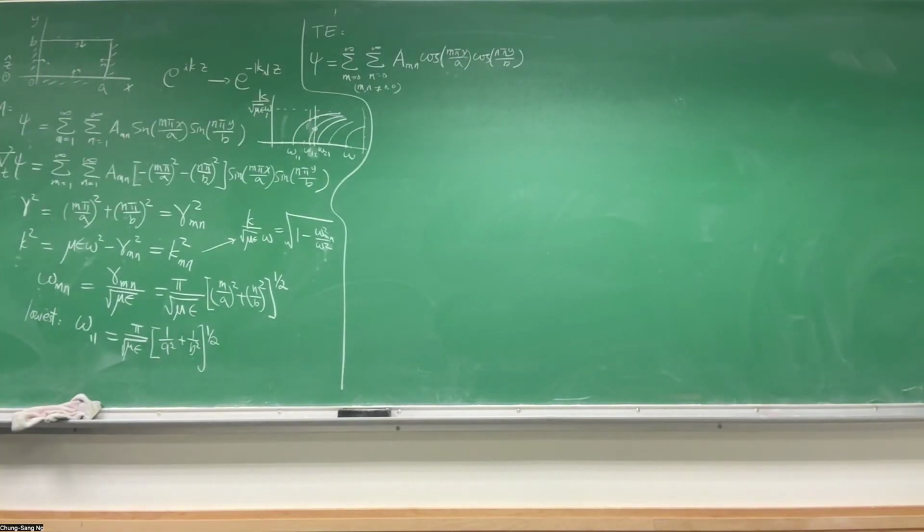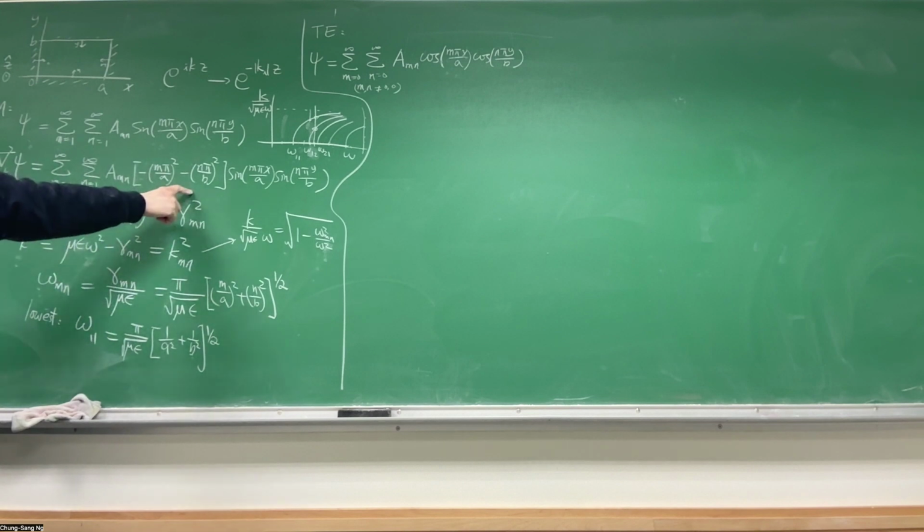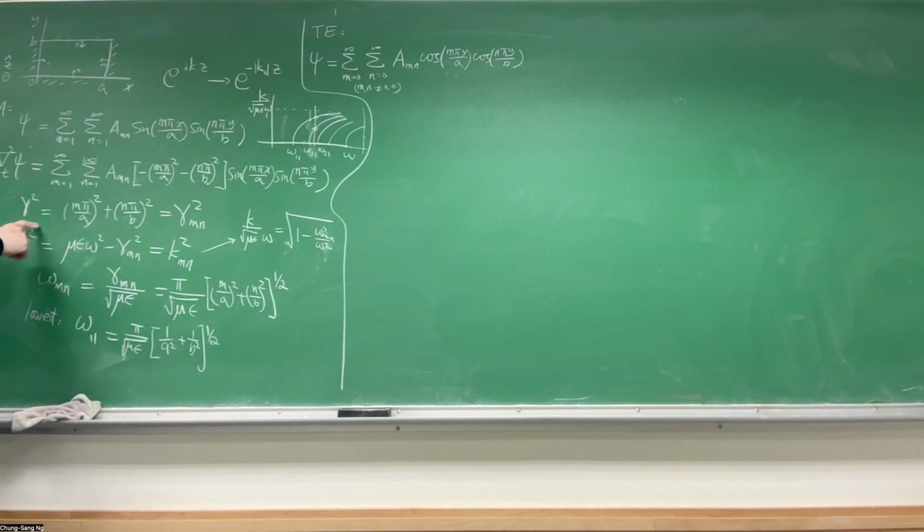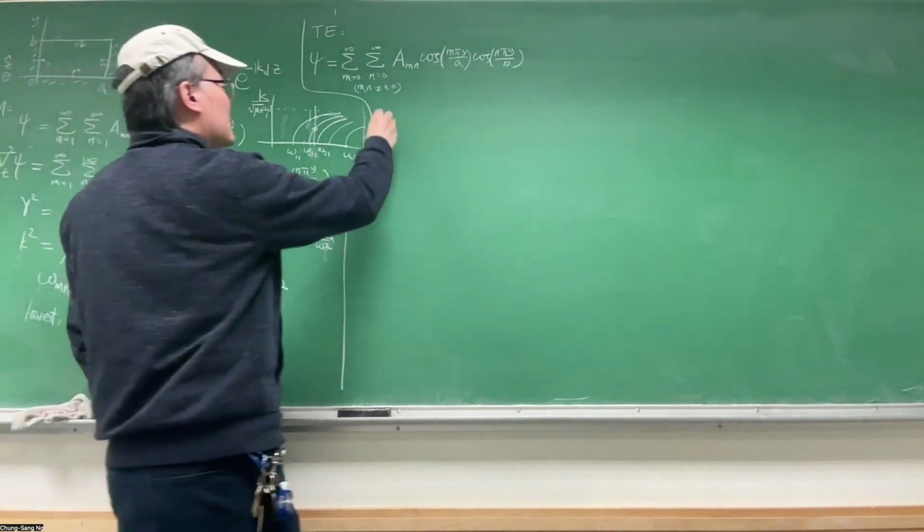Okay, and likewise, you can solve for gamma squared, and the same thing happens when you take the transverse Laplacian, you pull out this factor, except that everything becomes cosine. But the eigenvalue is still the same. The expression of k, the cutoff, is still given by this equation. So everything is the same except for the lowest mode.